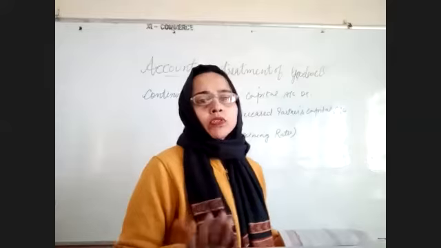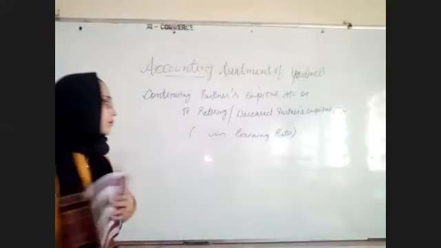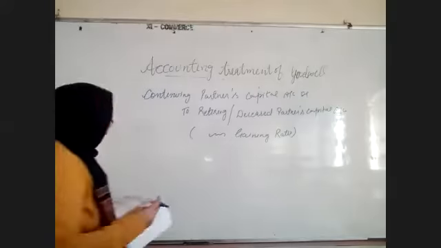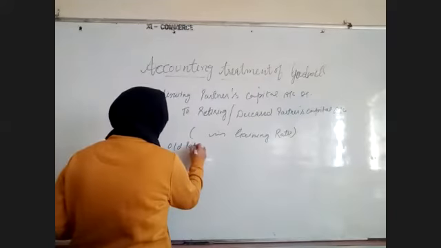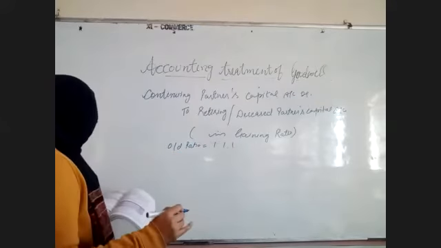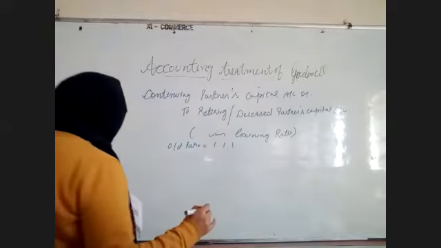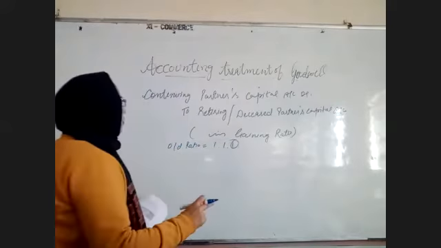Okay. First of all, we will calculate gaining ratio. So let's start. Old ratio is equal to 1:1:1, equal ratio. Three partners P, Q, and R. And new ratio, R is retiring, so that's why P and Q will continue.